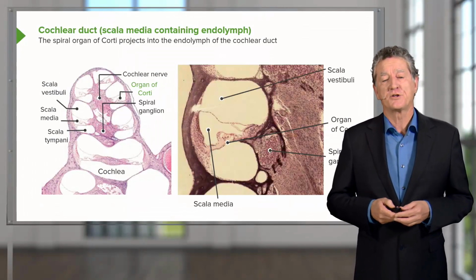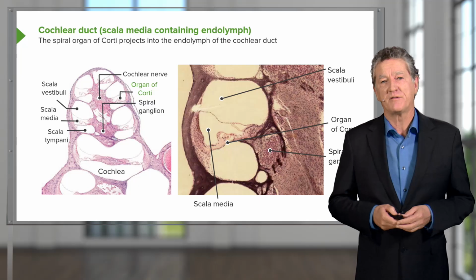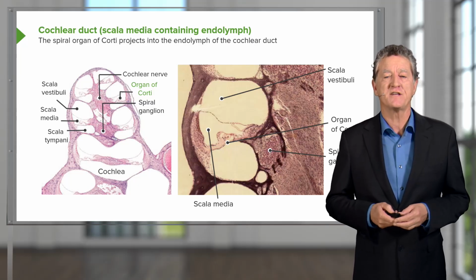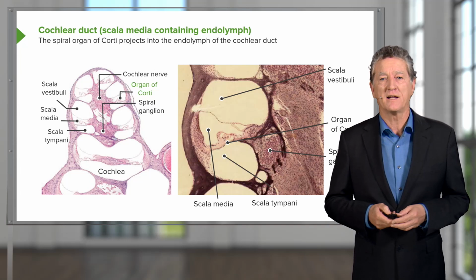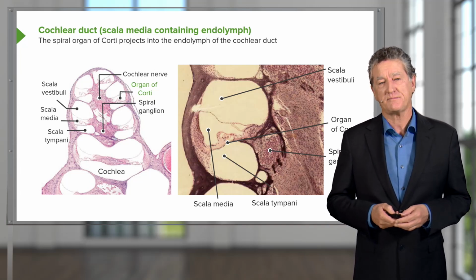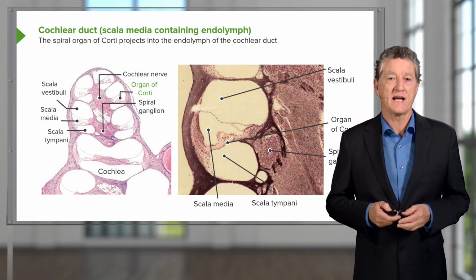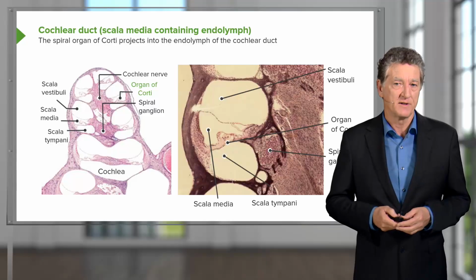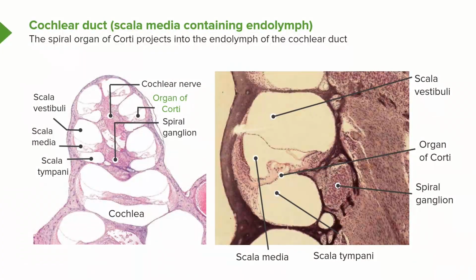There are 2 compartments of perilymph, the scala vestibuli and the scala tympani. Both those compartments, as I mentioned, contain perilymph. The scala vestibuli starts at the oval window, and the scala tympani ends at the round window.